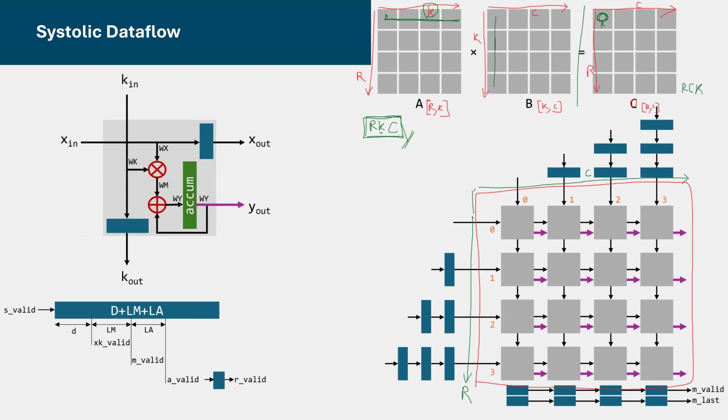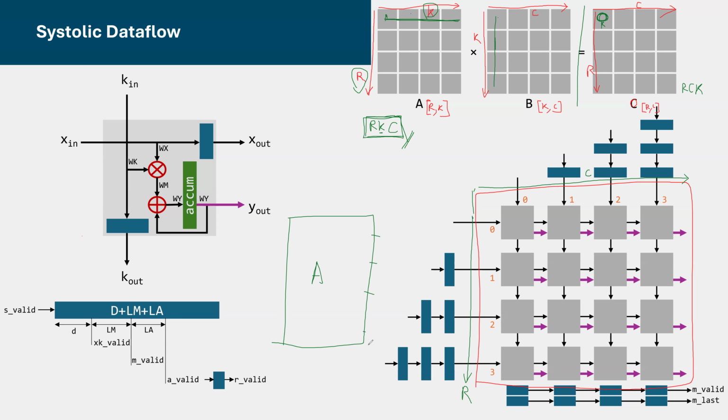So the next part is how do you send this data, and how does this work? What you do is you send matrix A through here. You can see this corresponds to the R dimension.